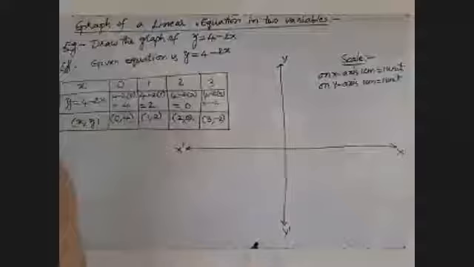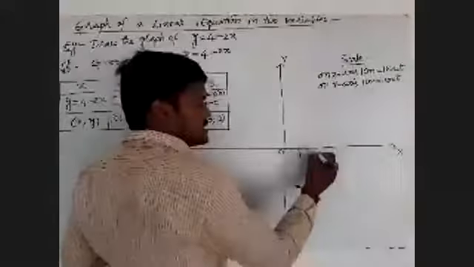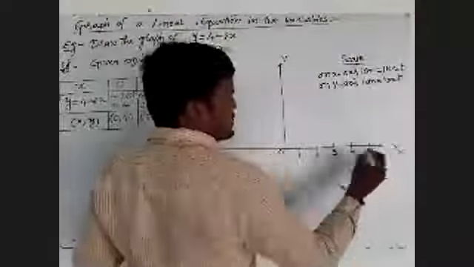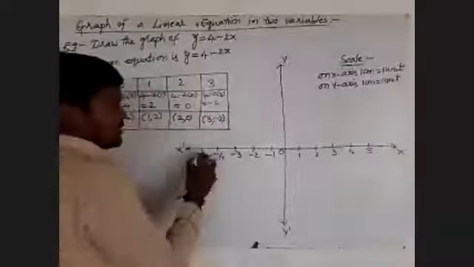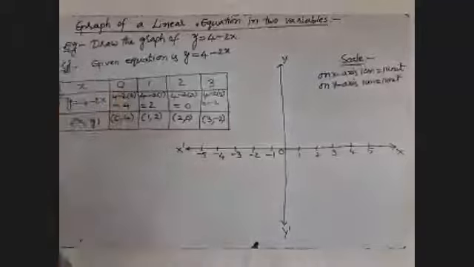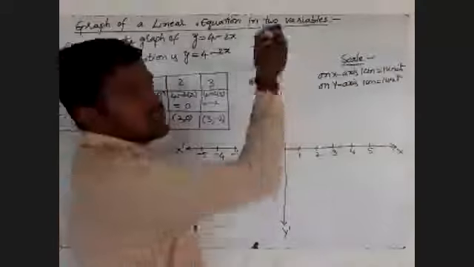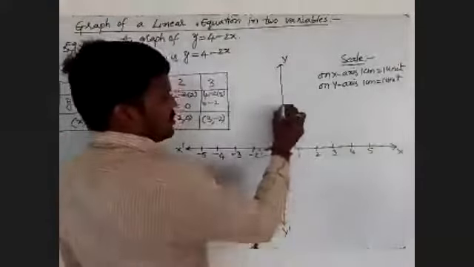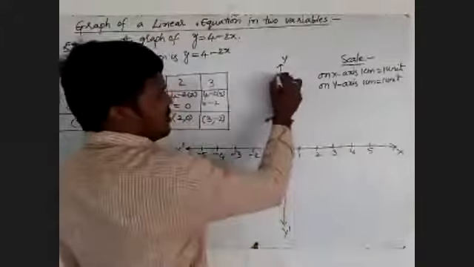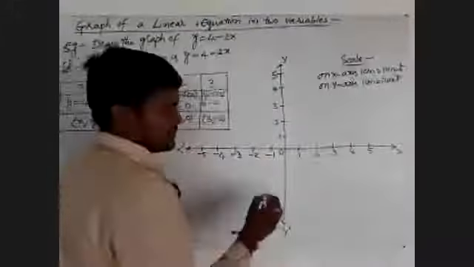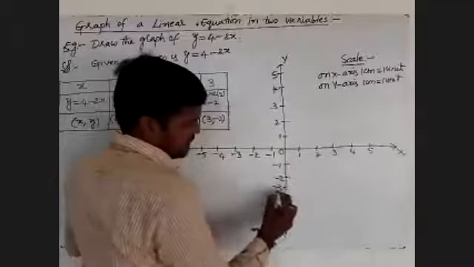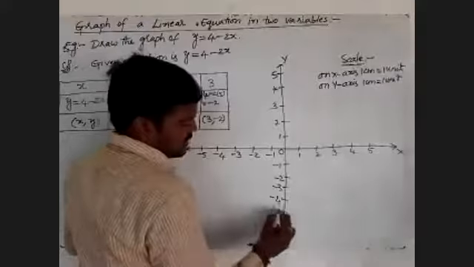First, we take this is 1, this is 2, this is 3, this is 4 and this is 5, minus 4 and minus 5. The positive y-axis values are 1, 2, 3, 4 and 5. Again, we take minus 1, minus 2, minus 3, minus 4 and minus 5.